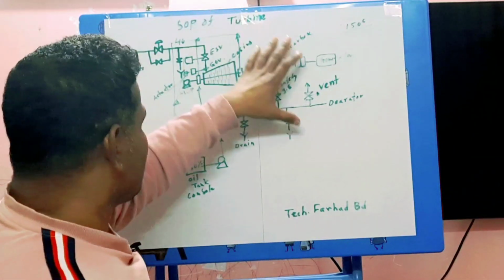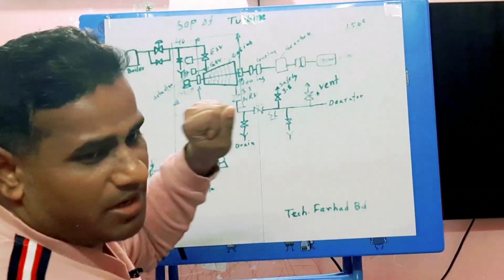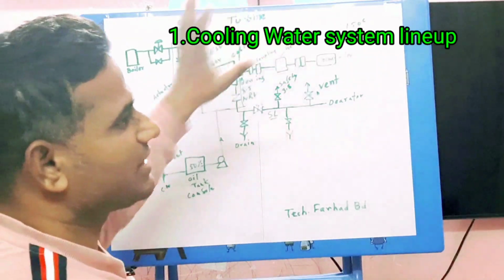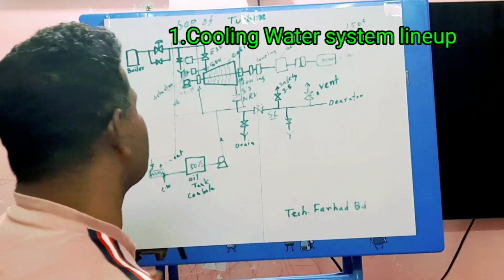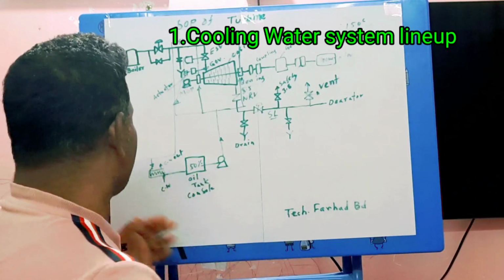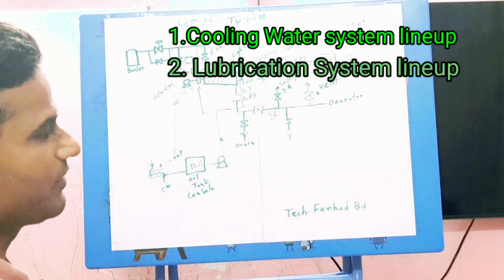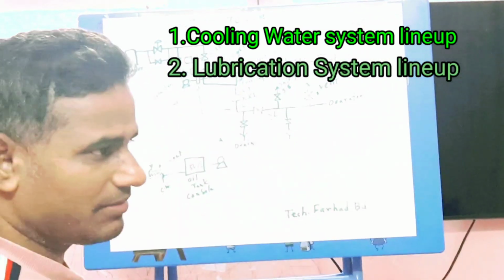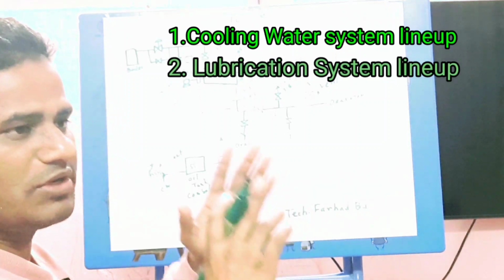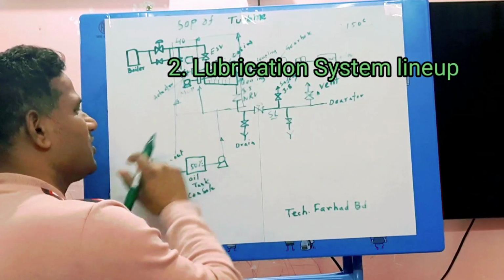For the cooled startup of the back pressure turbine, first you have to confirm that the cooling water system is available. You have to line up the cooling water system first. After lining up the cooling water system, second you have to line up the lube oil system, the lubrication system.